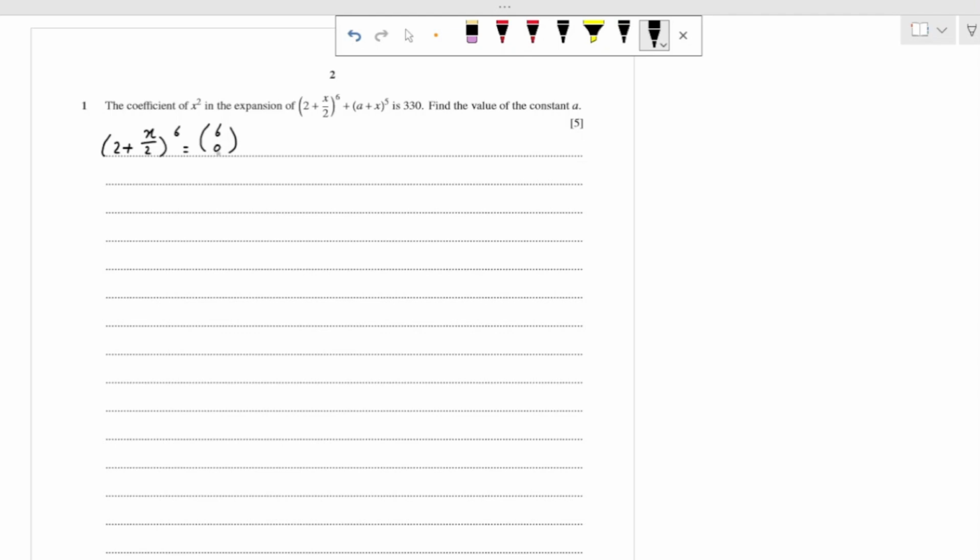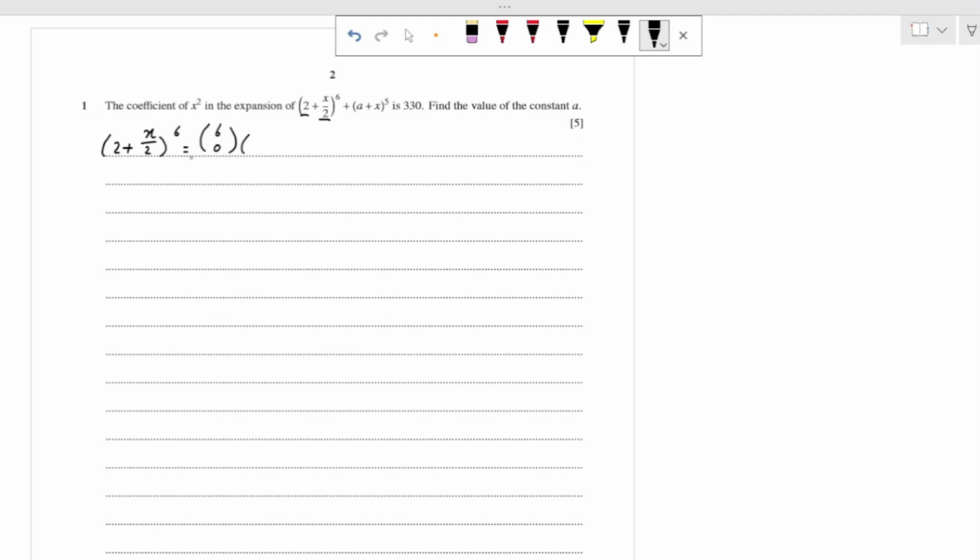Right, and then we look at the first term of the bracket, which is 2, and the second term of the bracket, that is x over 2. So the pattern goes like this. You first write the coefficient in this form, which is the number, power 6, over which coefficient you're looking for. The first one is always labeled as the 0th coefficient. 6 over 0 will be replaced by the value on our calculator.